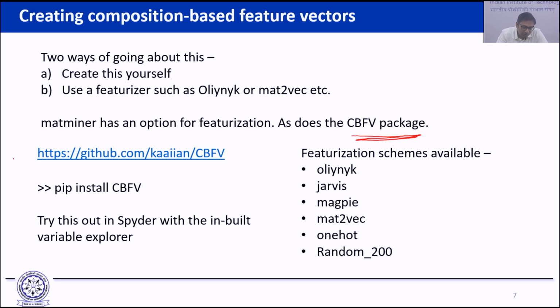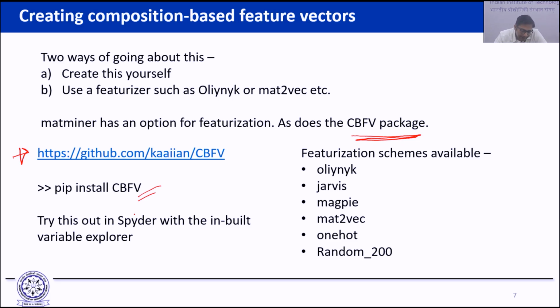And so you can actually go to this website over here and download this composition based feature vector package. And again, this is very easy to install. You can do a pip install, and then after that, whether you work with Jupyter Notebook or Spyder, it doesn't really matter. You can actually use the composition based feature vector package.